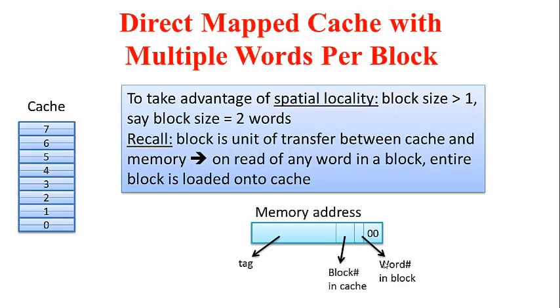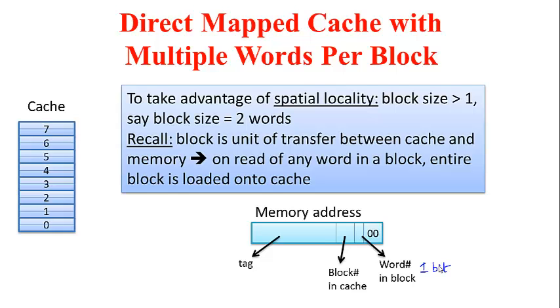So in this example scenario, can you tell which bits of the given memory address are going to correspond to the word number in block? Since in this example we have 2 words per block, we only need 1 bit for the word number in block. How many bits are we going to need for the block number in cache?